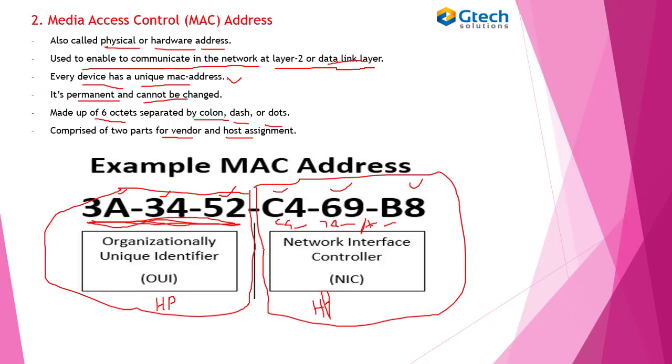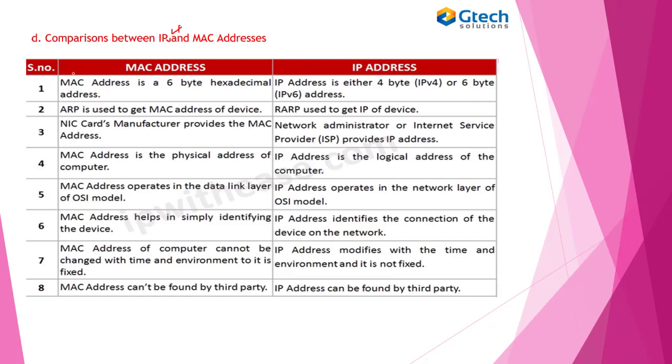A MAC address is a 6-byte hexadecimal address, but IPv4 is 4 bytes and IPv6 addresses are 16 bytes.